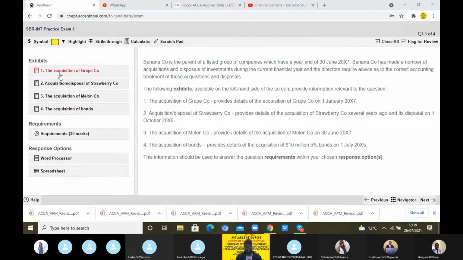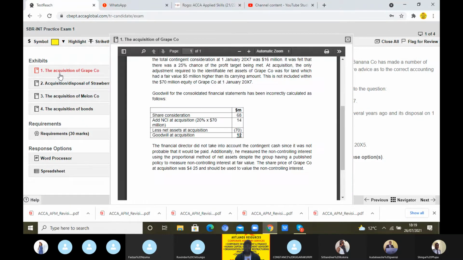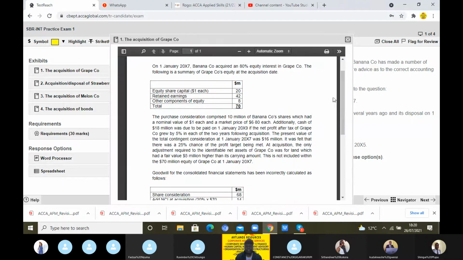So this is acquisition of Grape. We want to do this question to the full extent so that we answer it. On 1 January 2007, Banana acquired 80% of equity interest in Grape. The following is a summary of Grape company's equity at its acquisition date.